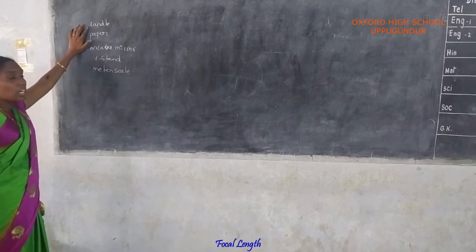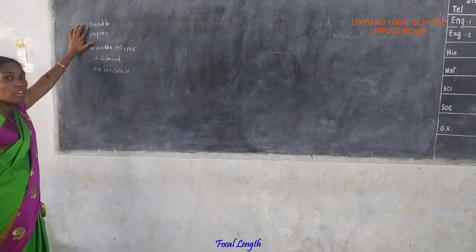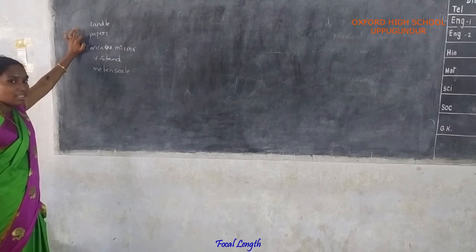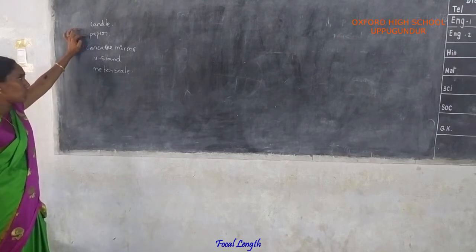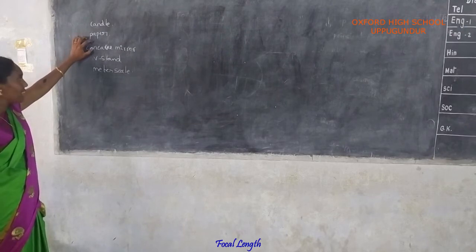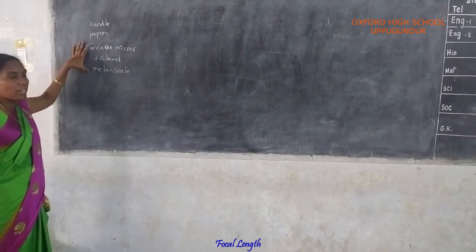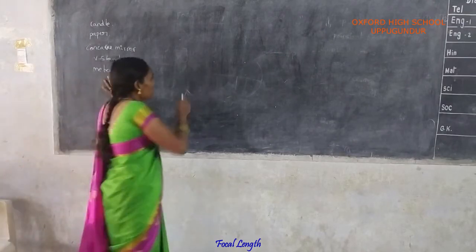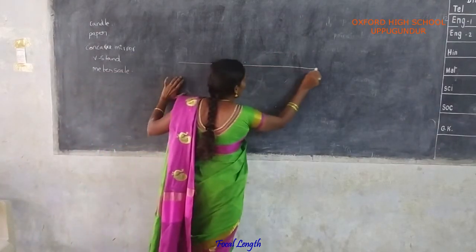Okay? Here the candle is used as a source of light to produce light. Here the paper is used as a screen to capture the image. The concave mirror always reflects the light rays, and then the V stand, and the meter scale. First, take the meter scale on the table.